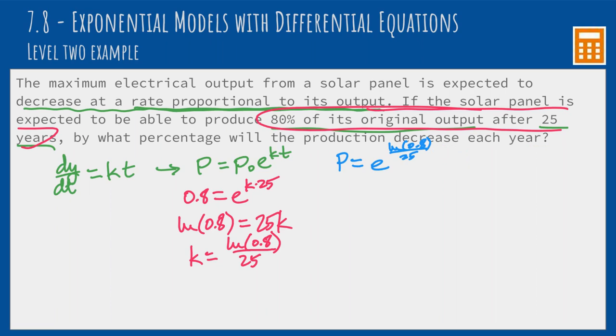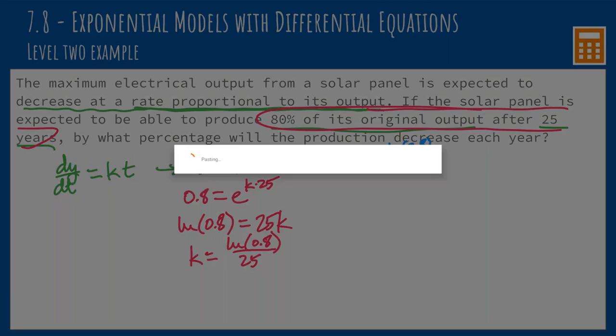And so we're going to plug this into our calculator to see what the production is after the first year. Now that's going to give me the percent of the original output. So it's going to be a percentage like 99%-ish. And then I want to know how much it decreases each year. So I'm going to take 1 minus that and convert that to a percentage.